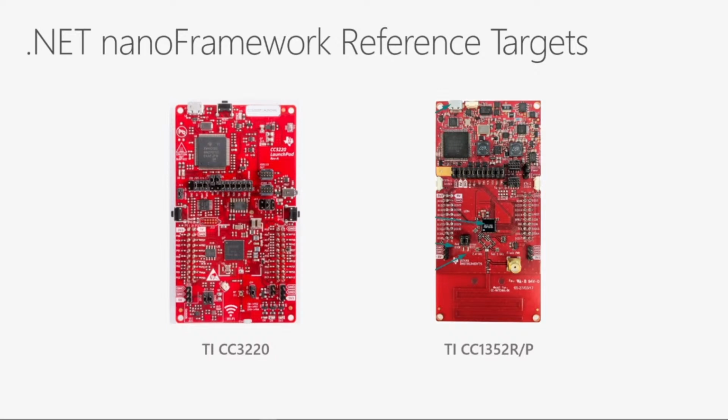As I was saying, the 1352 is a very interesting device because with just changing the antenna and the feeding circuit, the radio is software programmable, meaning that you can run the sub-gigahertz frequency there, and also 2.4.